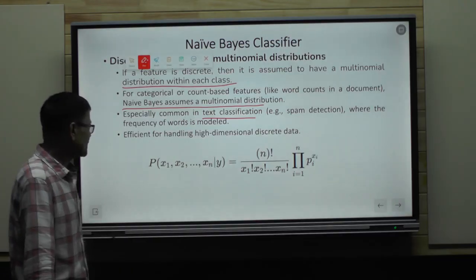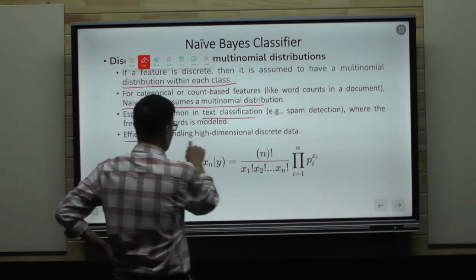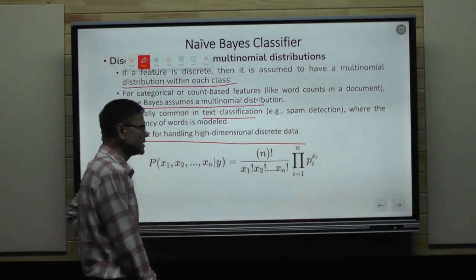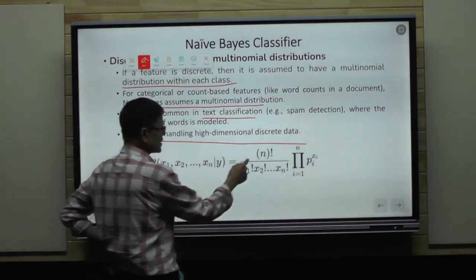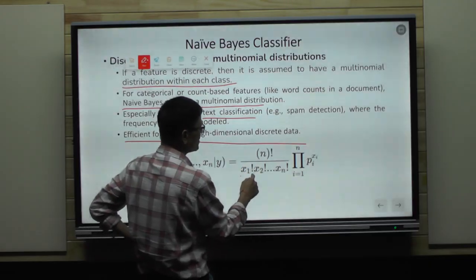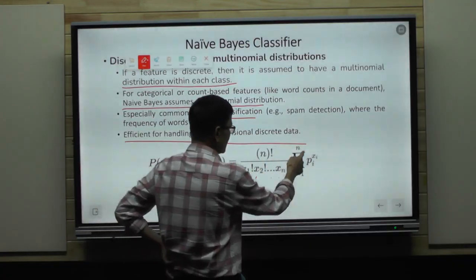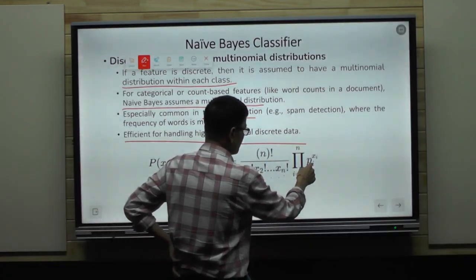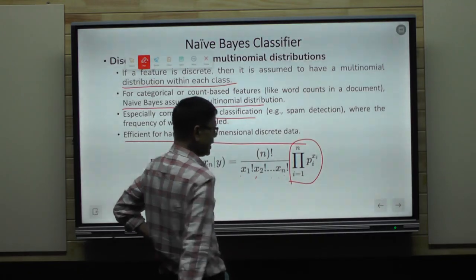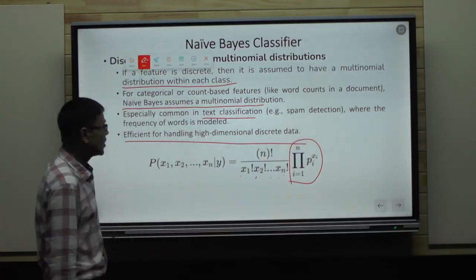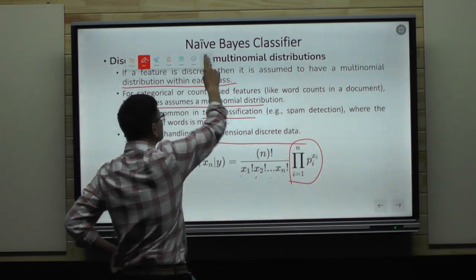This assumption is very efficient for handling high dimensional discrete data. The equation is n factorial divided by x1 factorial, x2 factorial, till xn factorial, then the product of probability of i raised to x i, from 1 to n. So this is the multinomial distribution assumption.